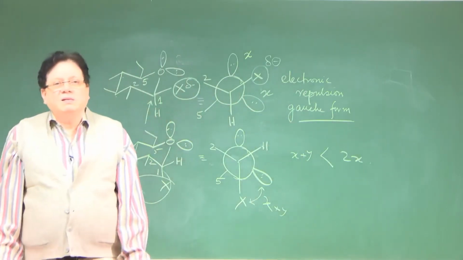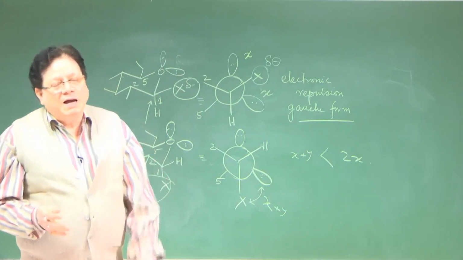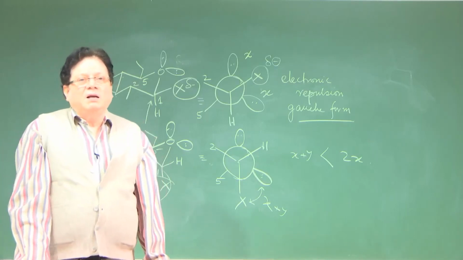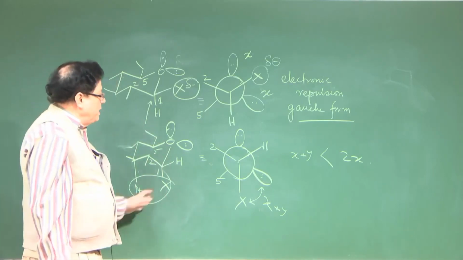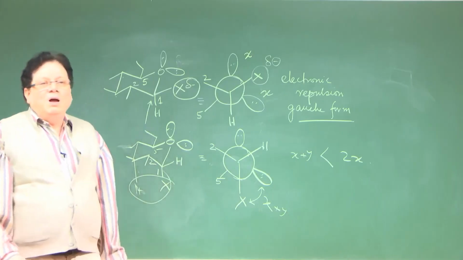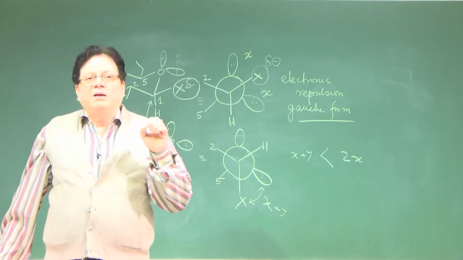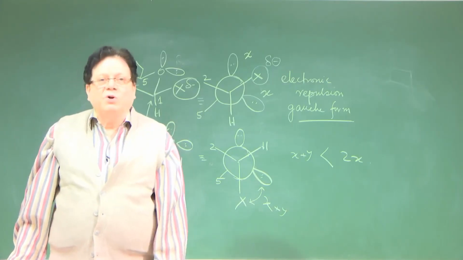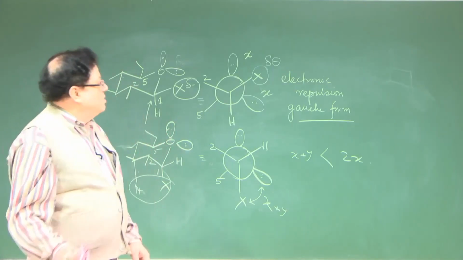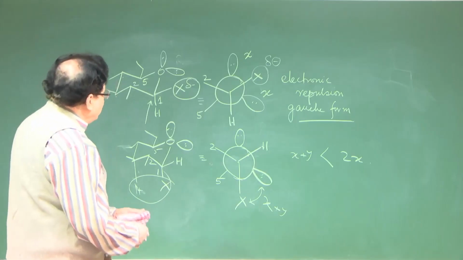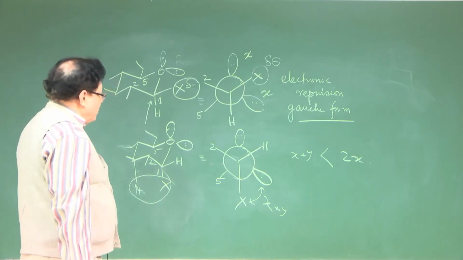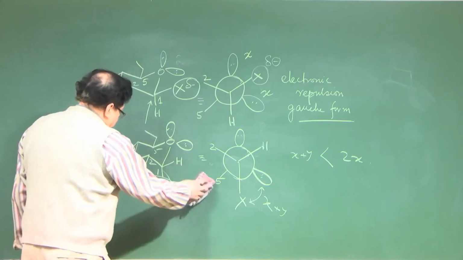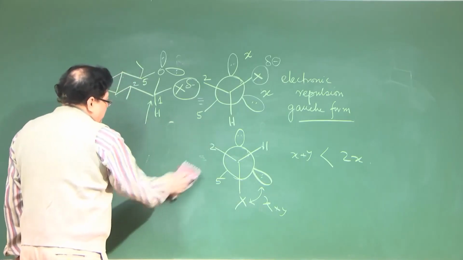So, even if we induce some diaxial interaction, that is much more compensated by the reduction of one lone pair and X gauche interaction, which is an electronic repulsion. So, this is one idea why the group X preferentially occupies the axial position.